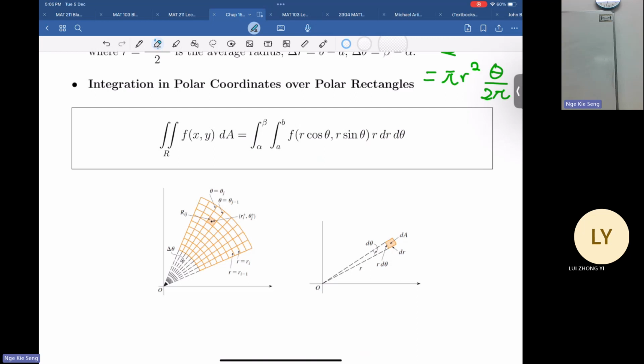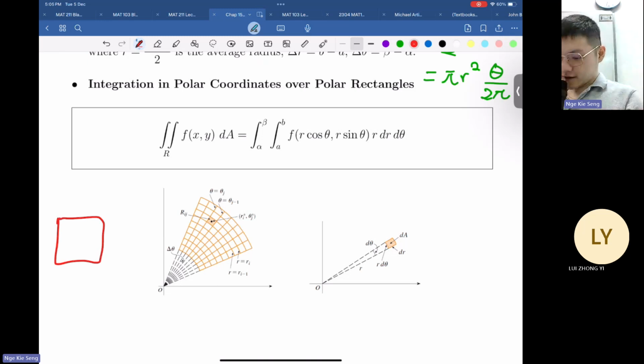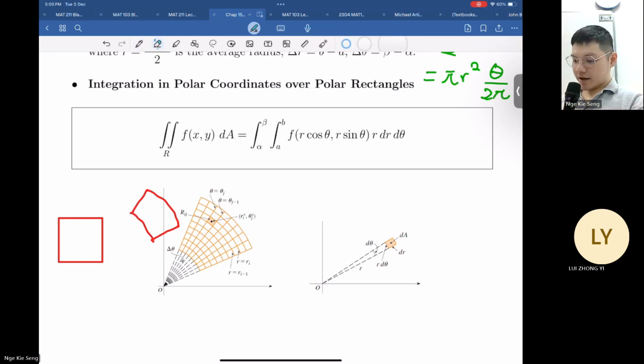Okay, it's no longer a rectangle like this. You need to look at a rectangle like this. And then you take the limit when this rectangle gets smaller and smaller and smaller.